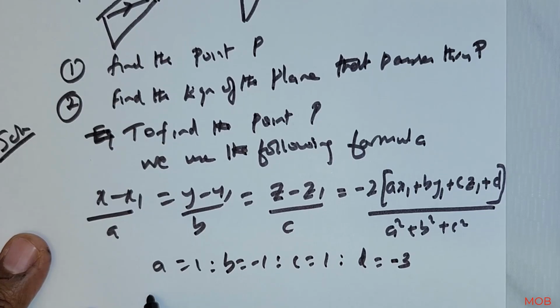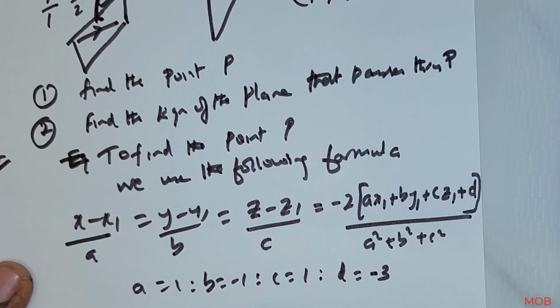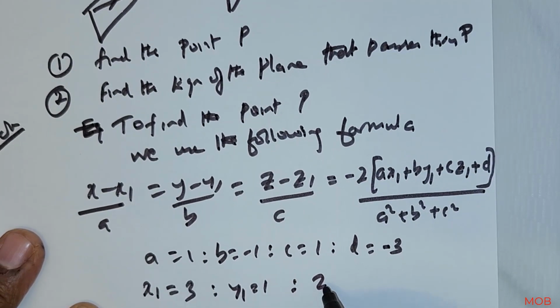Now we have our x1, which is 3, y1 is 1, and z1 is 7.